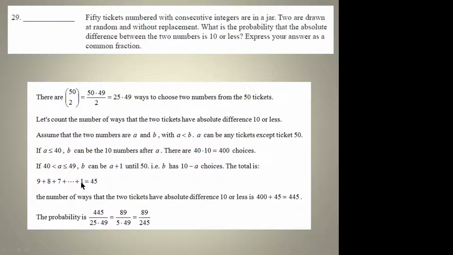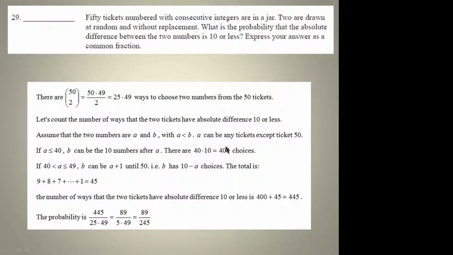So you add those numbers of choices together, you get 45. Okay, you should know how easy it is. Okay, 9 plus 1 is 10, 8 plus 2 is 10, 7 plus 3 is 10, 6 plus 4 is 10, you got 40, then 5. So the number of ways that the 2 tickets have absolute difference 10 or less is 400 plus 45, 445.